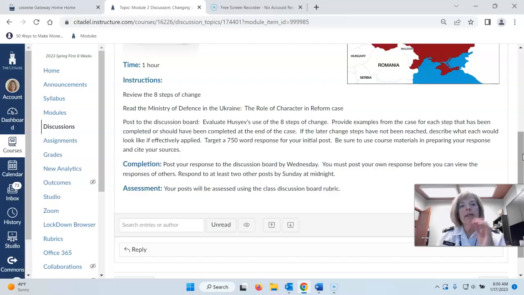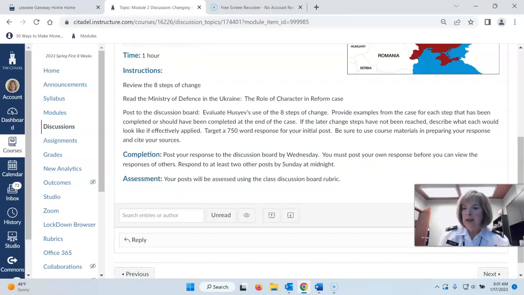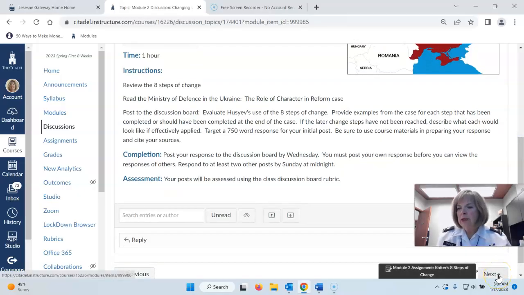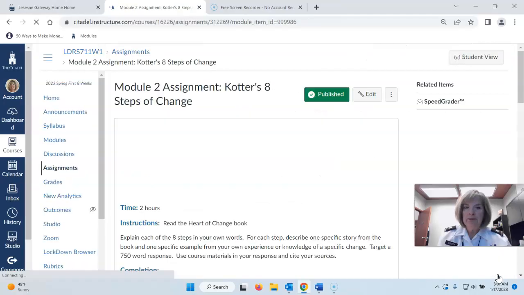Basically read the case and then identify in their change process how they use the steps, if they've gotten that far in the case, and what they would look like if they have not been. What did they do, what should they have done, and can you see the 8 steps, and can you see the relationship between use of those steps for change and their effectiveness or success in the change thus far.